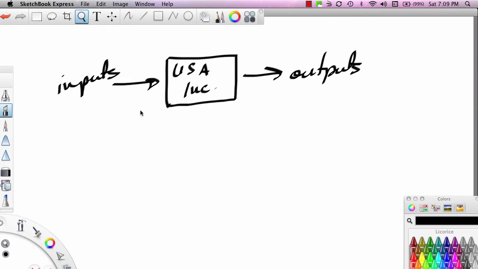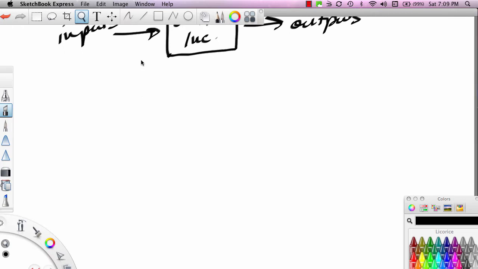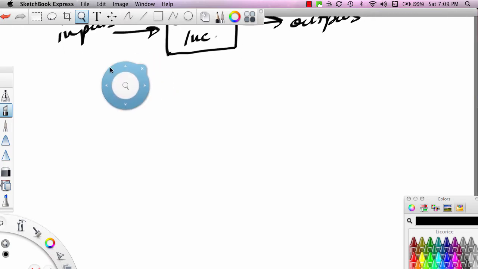We've already covered some of the National Income and Product Accounts when we did the GDP complex circular flow model in one of the earlier videos.